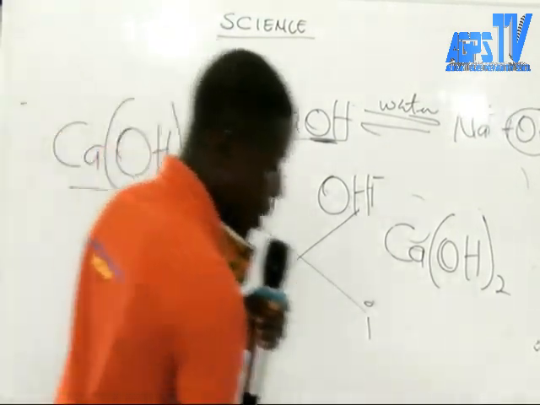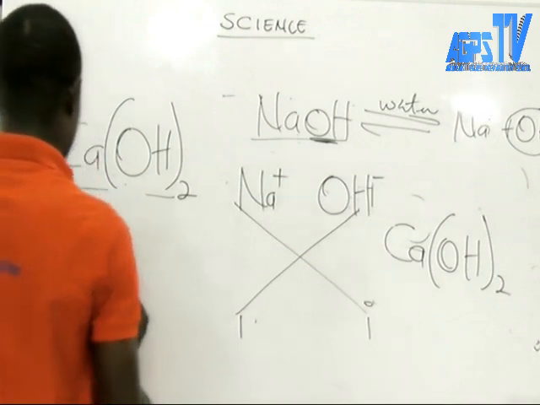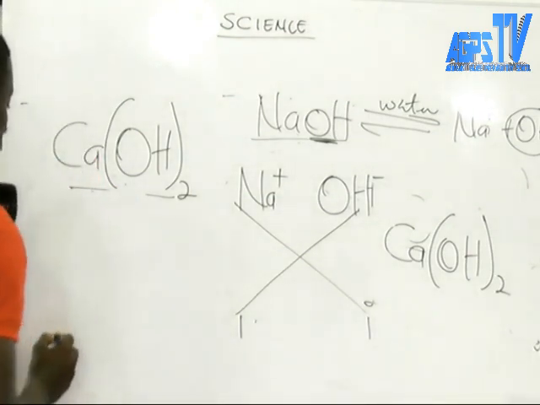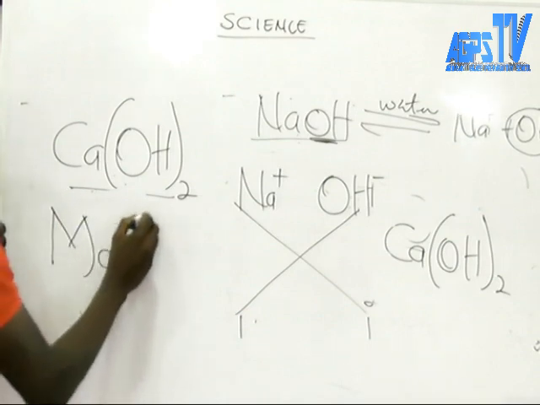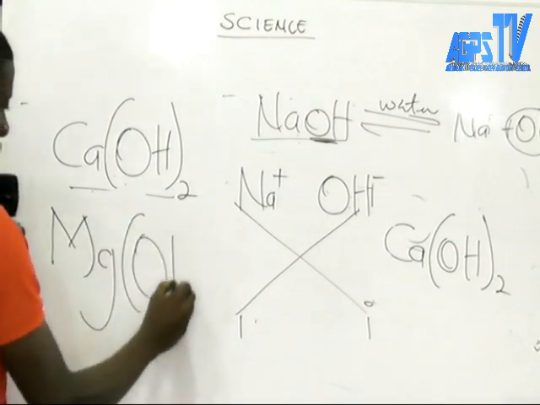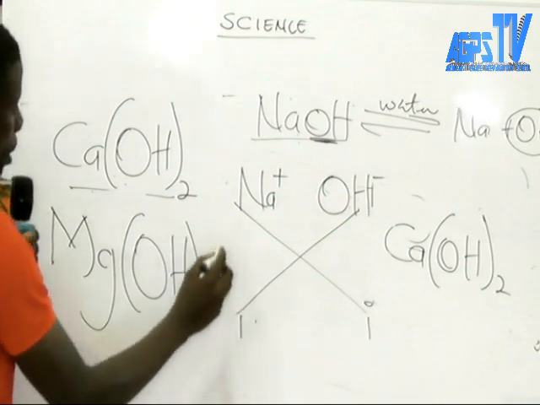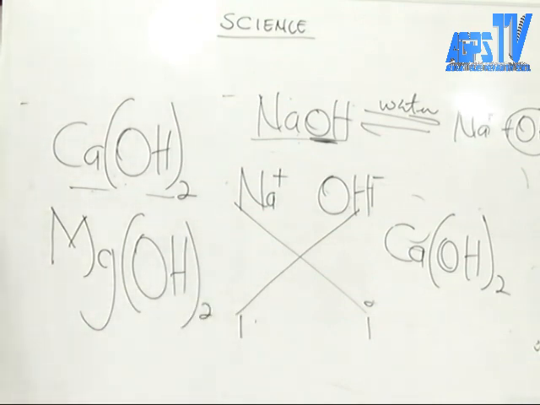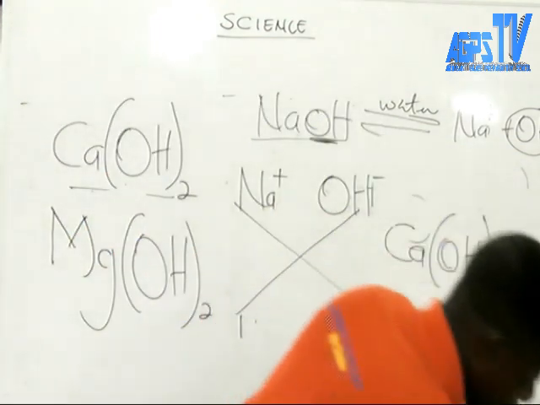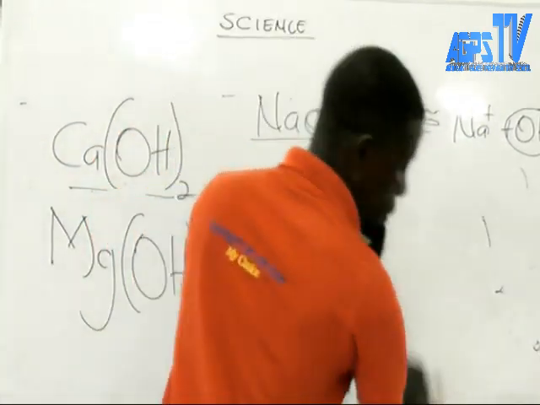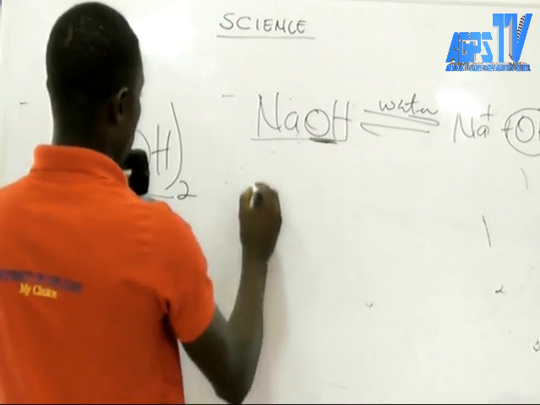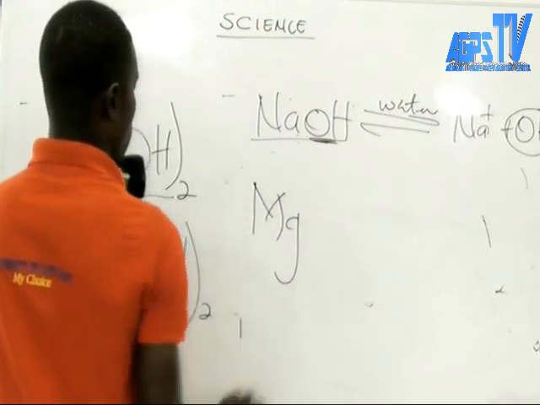Another example, we have magnesium hydroxide. Magnesium hydroxide is also written in this form. You can't write MgOH.